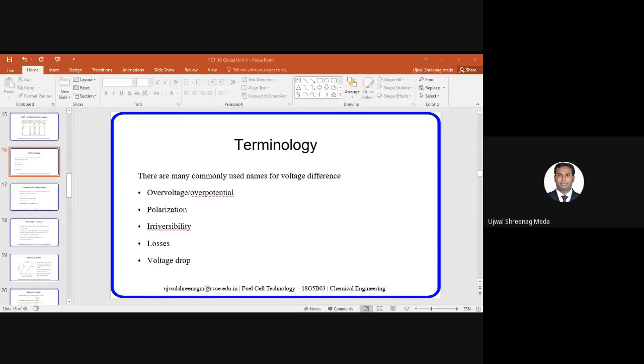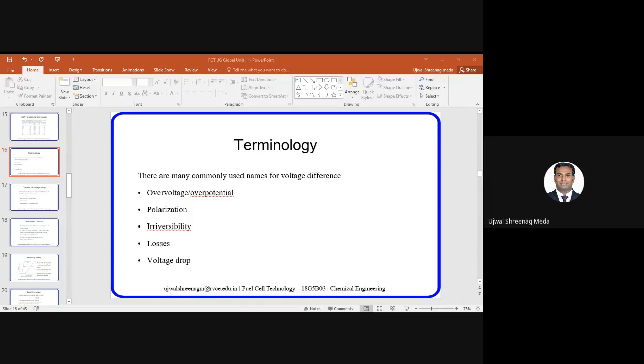And yesterday we discussed the types of efficiencies. In the beginning, we had learnt how to calculate the voltage, the EMF, based on the energy input, that is the chemical energy of the reactants.